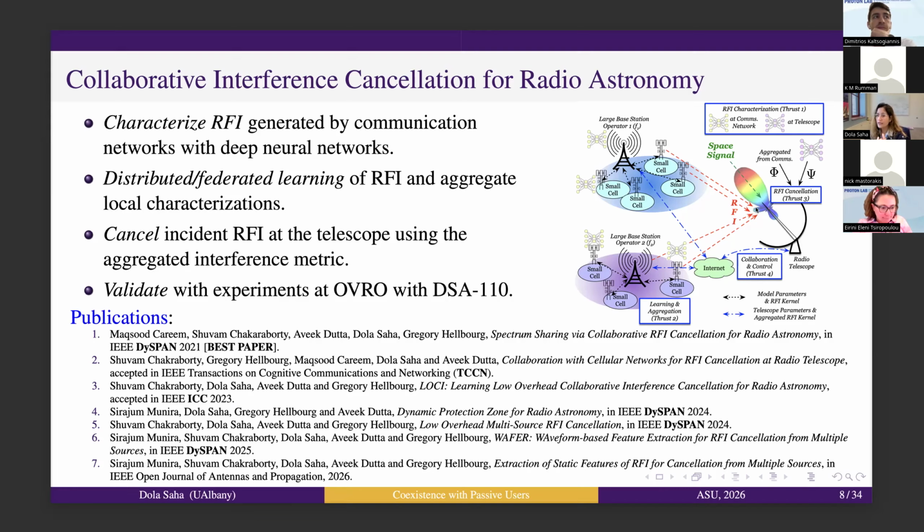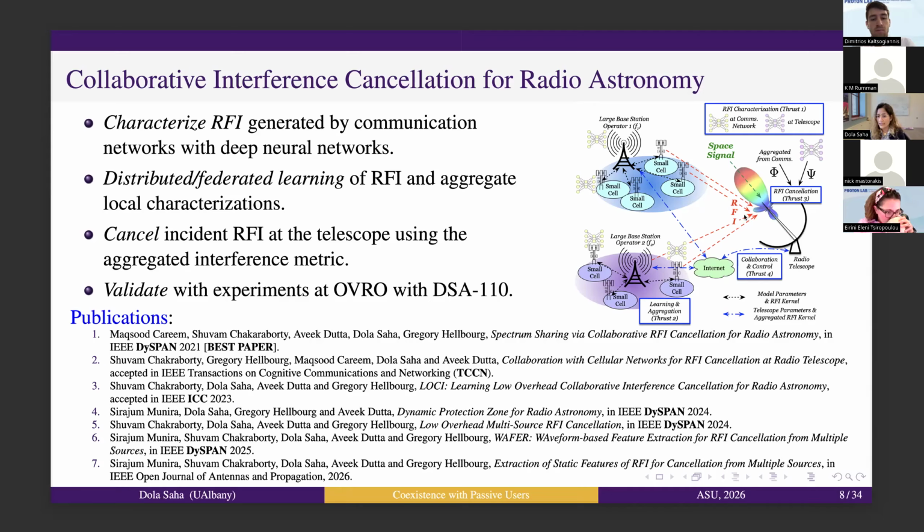So it propagates all the way to the radio telescope, which shows up as RFI. And that's when the radio telescope is looking at a signal coming from space, and the RFI is interfering, and that's where you will see the issues showing up, which is mostly related to coexistence issues.